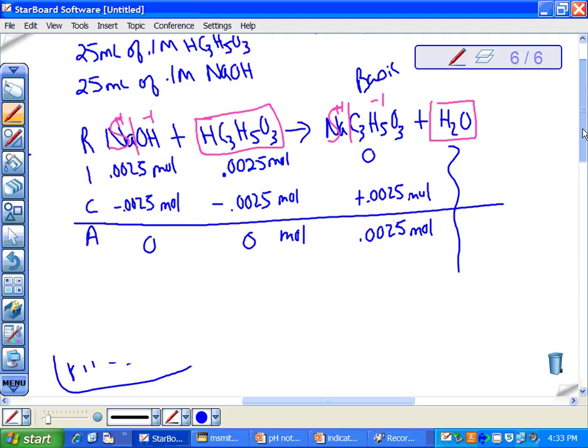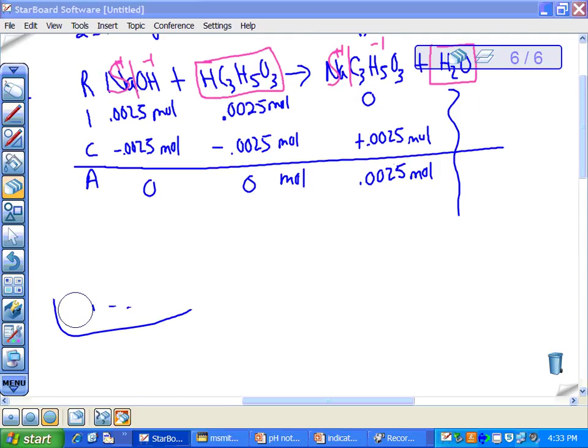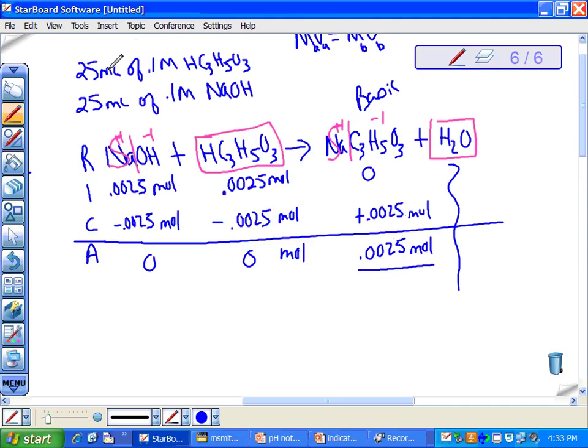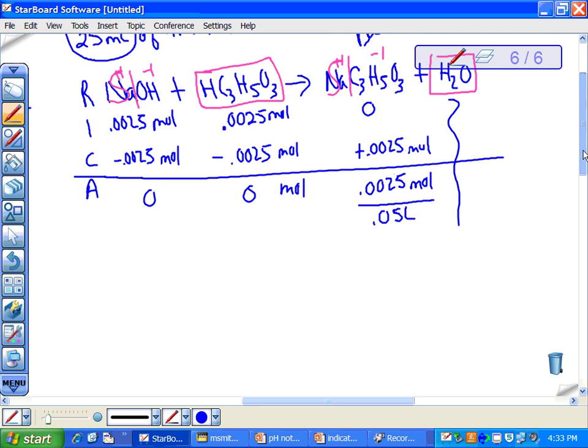And so this is going to be where dirty rice comes in. This is the hard part. So you're going to do a RICA. Your acid, your base go away, you make salt. You're then now going to change it back to molarity. And you're going to divide by the total volume, which is 25 and 25, which is 0.05 liters.